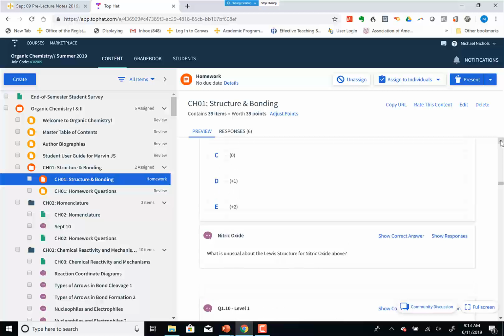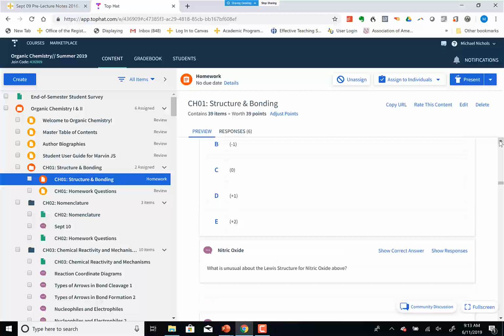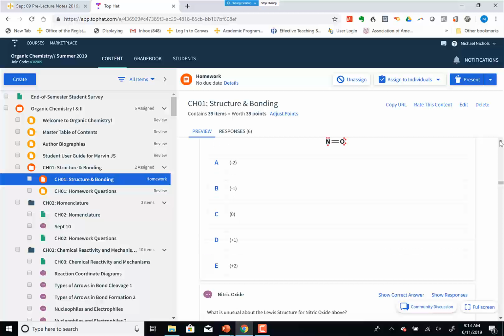Well, that's the issue with nitric oxide. There's a lot of drugs that have been developed that generate nitric oxide when they're in the body. The reason is that with that unpaired electron, it wants to react with something to fulfill its octet. So it's a very potent drug when it gets into the body, because it will immediately react in order to get that nitrogen its octet.